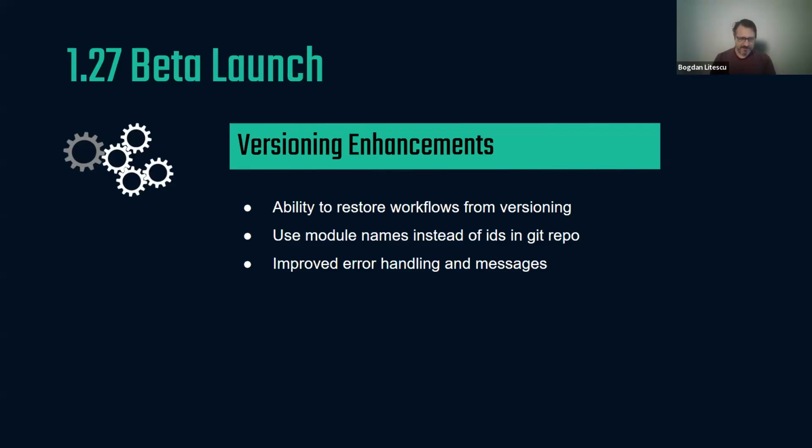Other things in the versioning area was around improving error handling and messages to make it really clear what the problem is and what you need to do, because this is usually the case when more than 2 systems are involved.